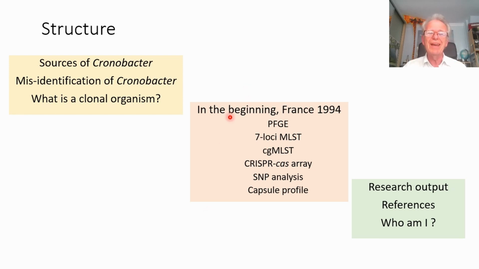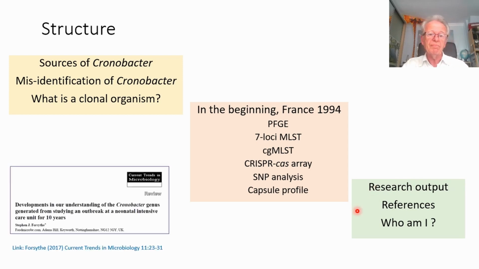We're then going to go in the beginning, which is an outbreak in a neonatal intensive care unit in France in 1994, and how we've applied all these different techniques to those outbreak strains. You're going to see the research output and the various background references and who am I. So, as I say, most of the information or links to it and to the various papers can also be found by looking at this one Current Trends in Microbiology article.